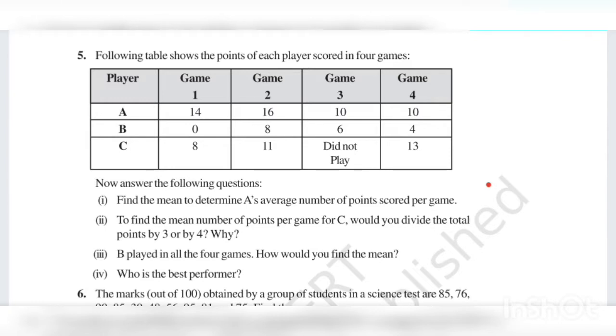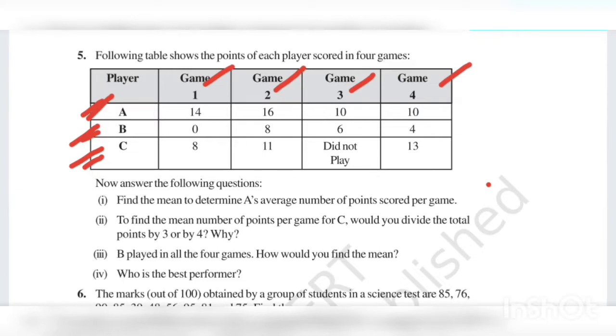So here you can see there are 3 players, A, B and C, given. They are playing games, game 1, game 2, game 3 and game 4, and in each game, each player has scored different scores.